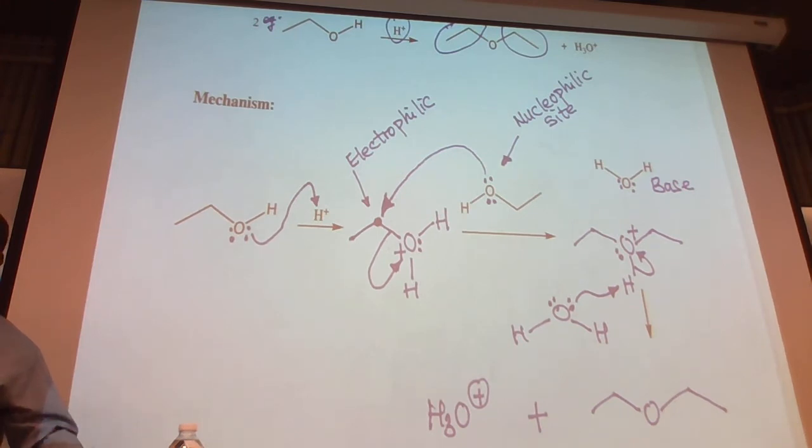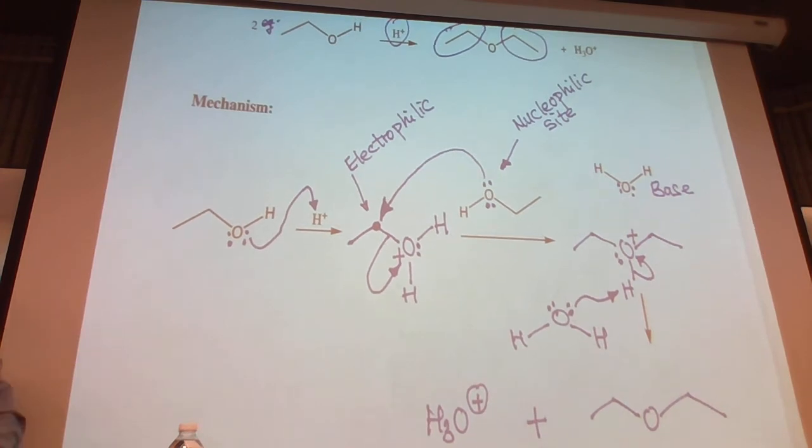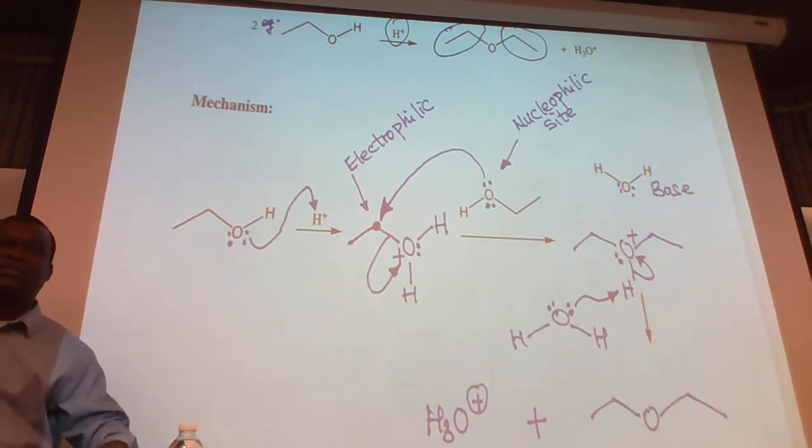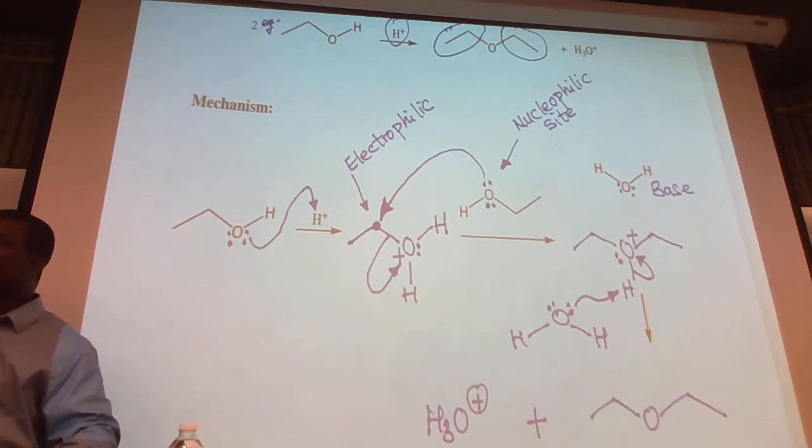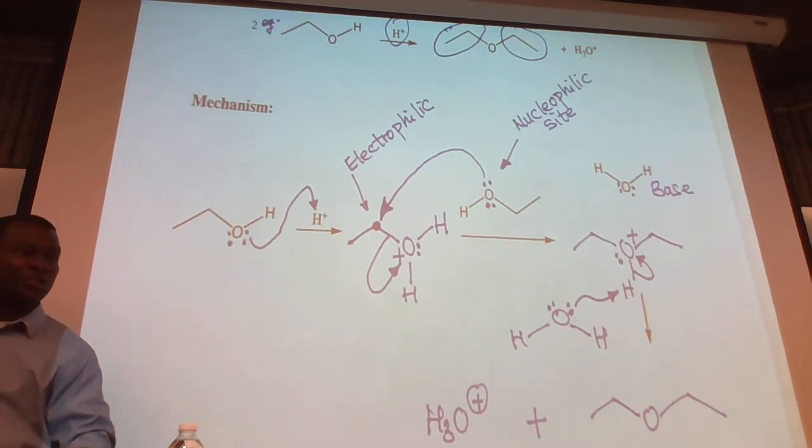So this method works well only for primary alcohols. If you use anything other than primary alcohols, you will get a competing E1, E2 elimination reaction, instead of a substitution reaction.